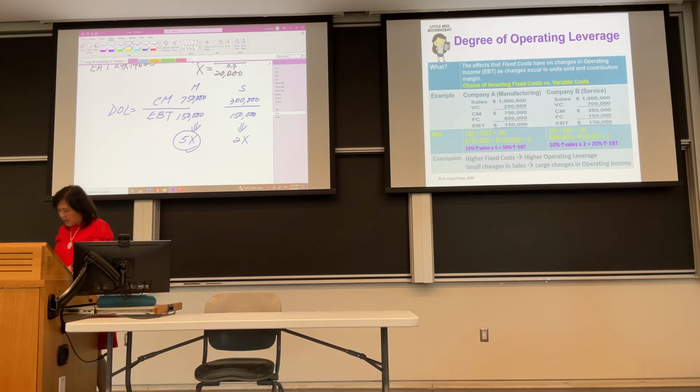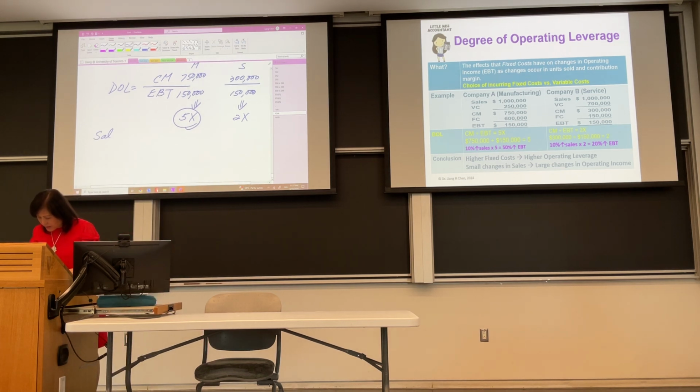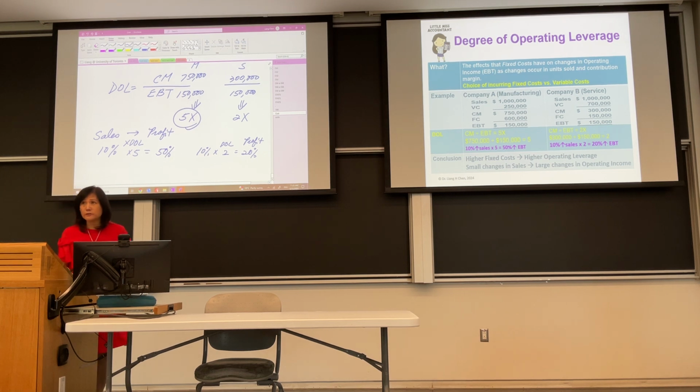Say sales go up a little bit, let's say 10%. The profit, you multiply by the DOL of 5, so your profit will increase by 50%. For the service business, sales increase by 10% times a DOL of 2, so profit will only go up by 20%. It doesn't go up as much.